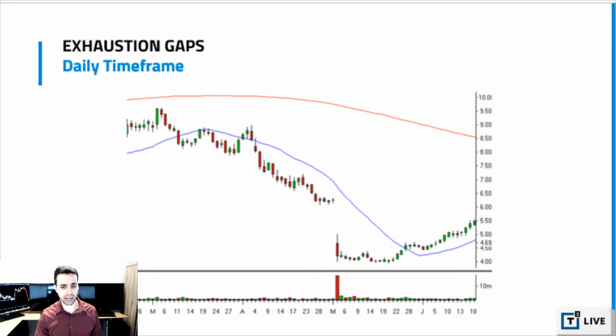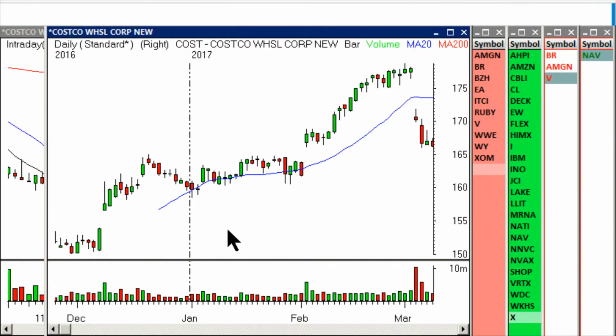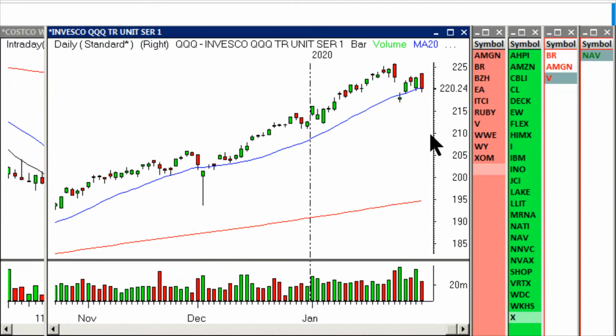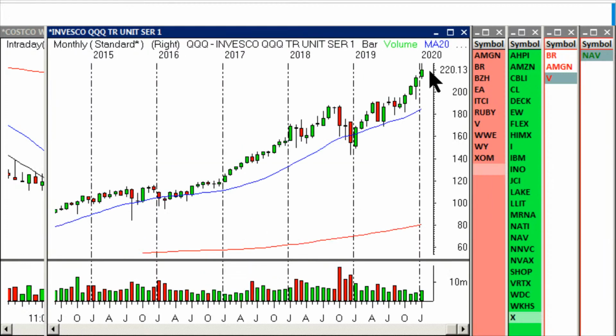Look, I haven't looked at the market since I came on the mic, but when the market usually is near a top, you get that run up, that acceleration. We did get the run up. You see, like here, we had a huge run up, and then the wide range bar, and that put a short-term top. We had another big run up, and then we topped out. We have a big run up here.